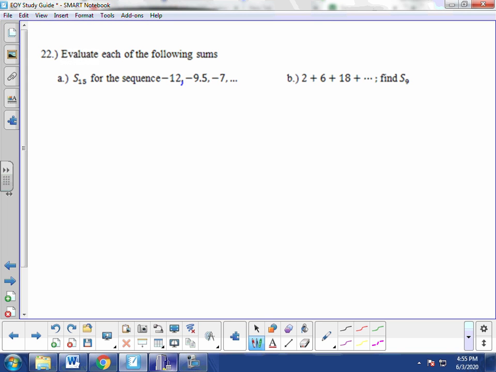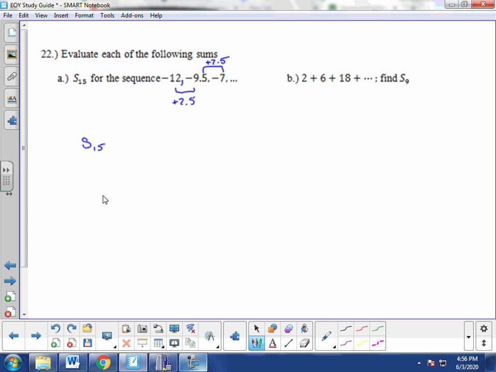So what we see here is that we are adding 2.5 to each term. So this is an arithmetic sequence. We're trying to find the series for 15, what the value will be if we take the first 15 terms and add them all together.